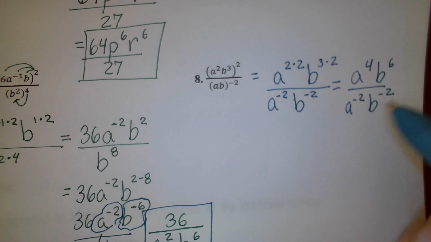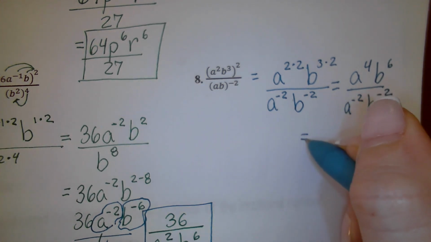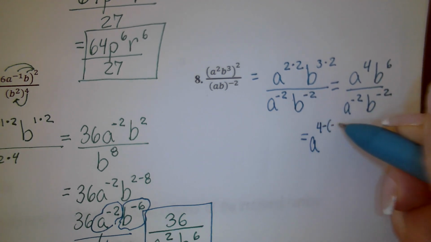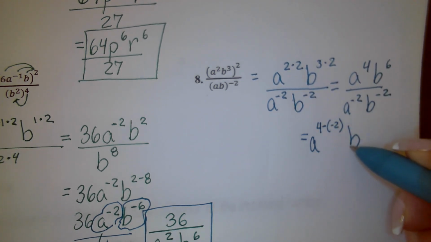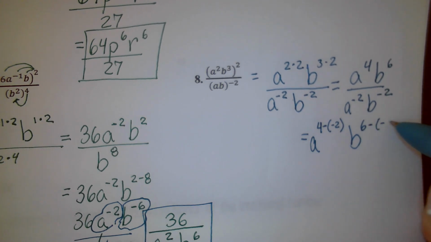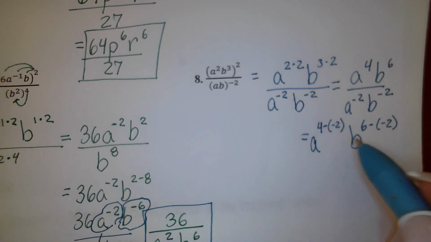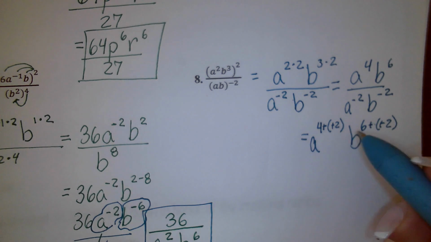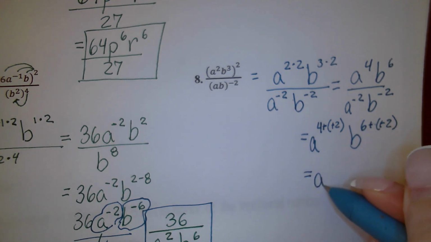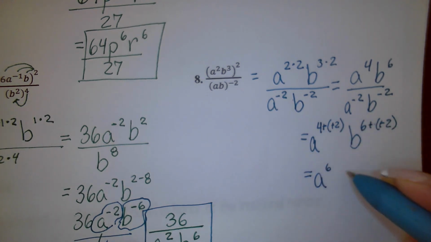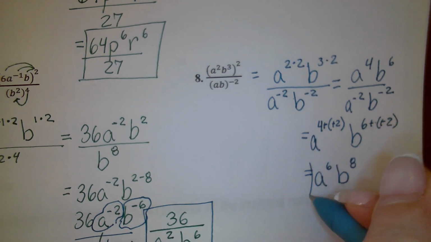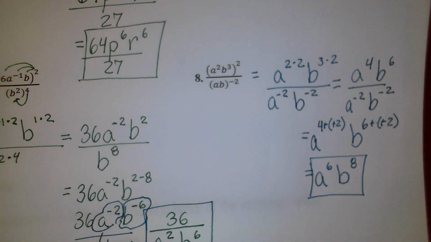I also have negative exponents. So I'm going to rewrite this as a to the 4 minus negative 2, b to the 6 minus negative 2. When I do that, I see my negative exponents become positive because I'm subtracting a negative, and I get a, 4 plus 2 is 6, b, 6 plus 2 is 8. So a to the 6th, b to the 8th.